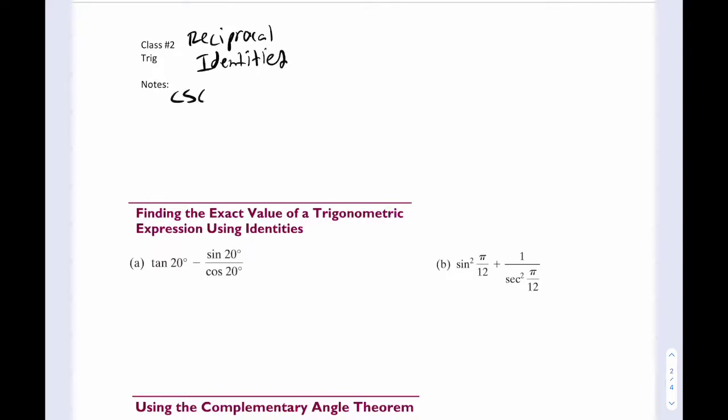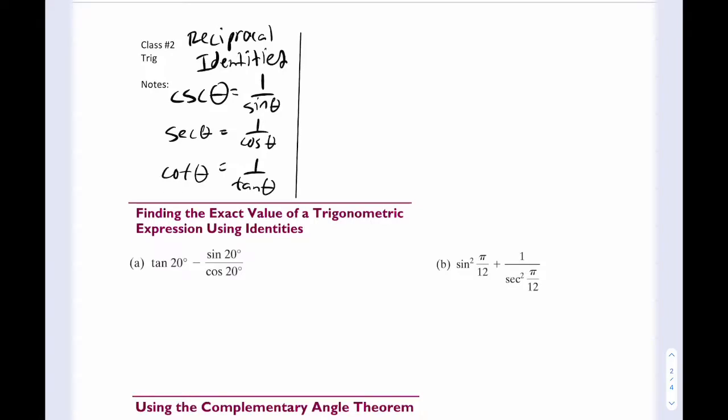That would be cosecant is 1 over sine, secant is 1 over cosine, and cotangent is 1 over tan. And we're going to introduce a few new ones. The first one's going to be the quotient identities. Some of you may have noticed this as you're working, that tangent is actually sine over cosine.